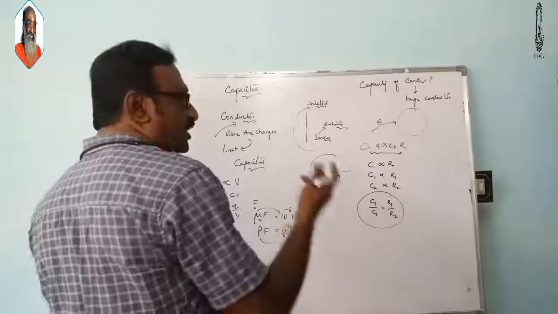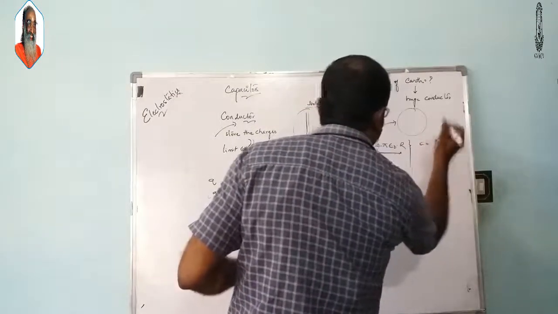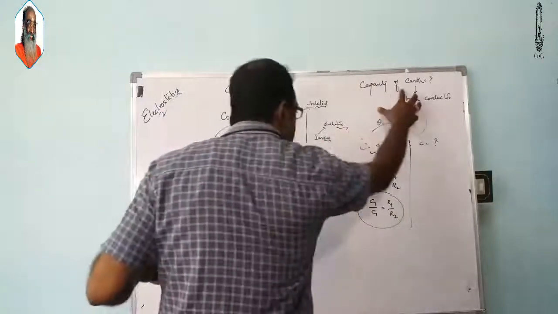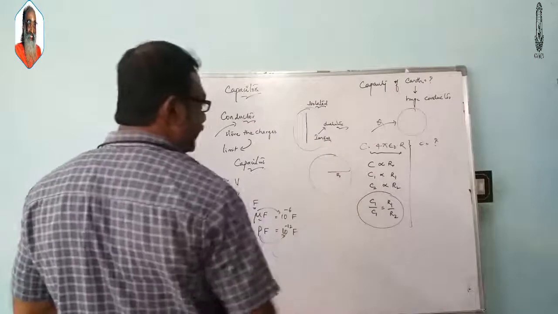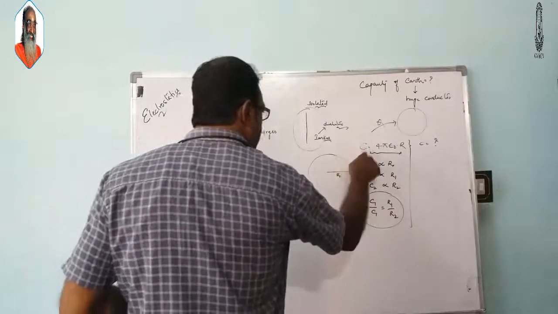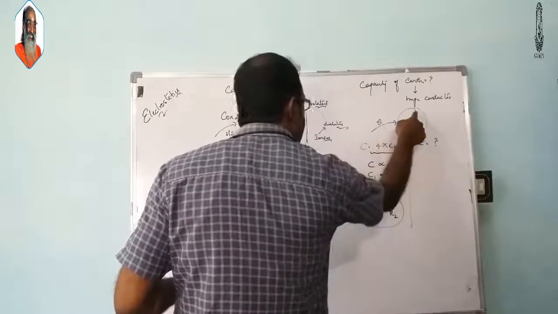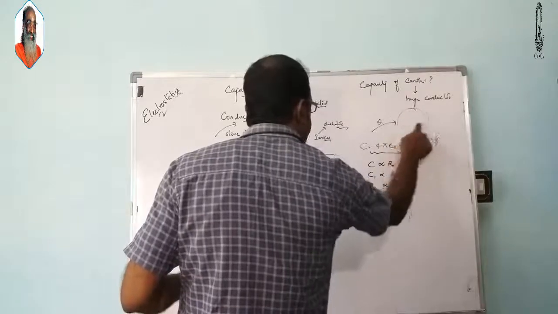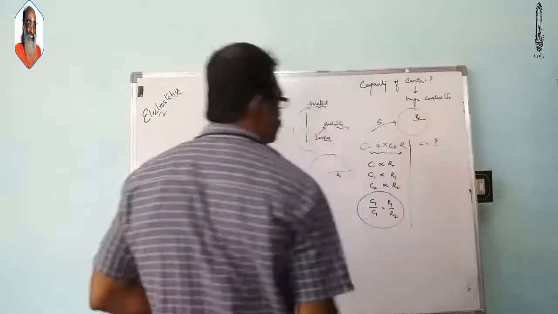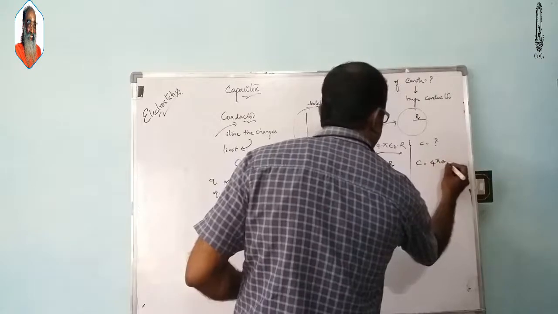So if you are giving some charge, what will be its capacity? You can directly relate this problem to the expression we have derived here. This is considered as a spherical conductor whose radius is r, and we found that the capacity of this spherical conductor is 4 pi epsilon naught r. So you can write the expression C is equal to 4 pi epsilon naught r.